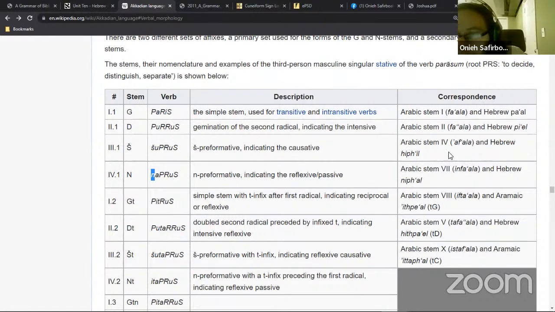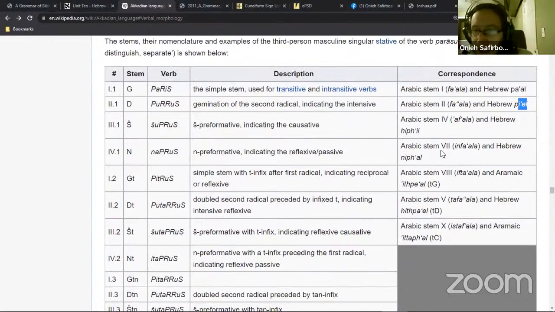So notice it says Arabic stem 1 and Hebrew pa'al. So it's the Hebrew pa'al form. Arabic stem 2 is the Hebrew pa'el form. Arabic stem 4 is the Hebrew hif'il form. Now notice it skipped Arabic stem 3 for some reason. And likewise, it's skipping Arabic stem 5 and 6.